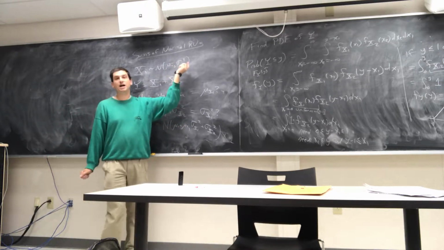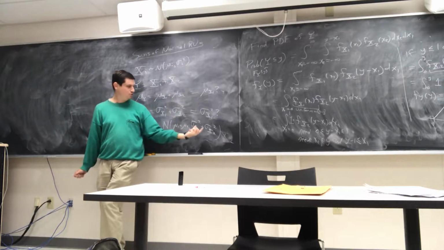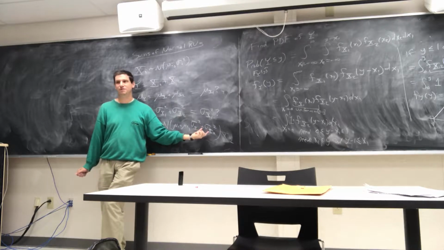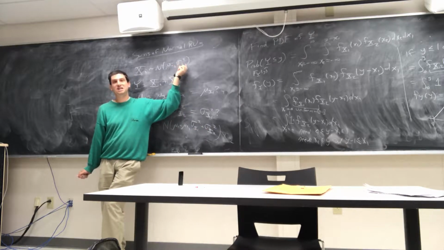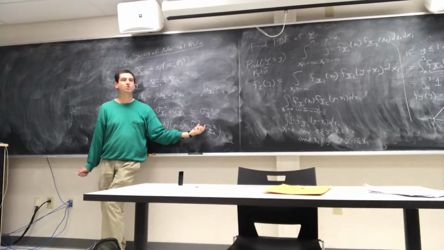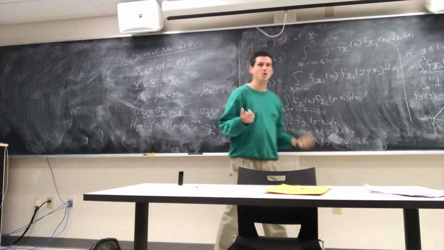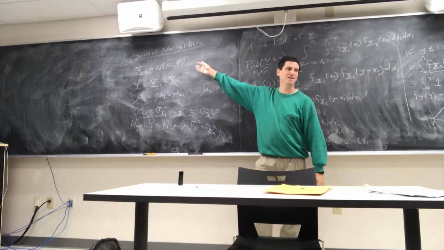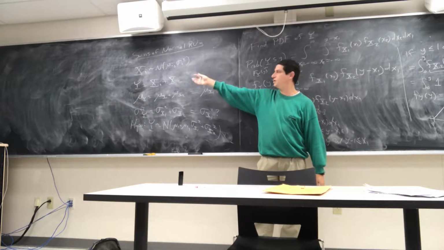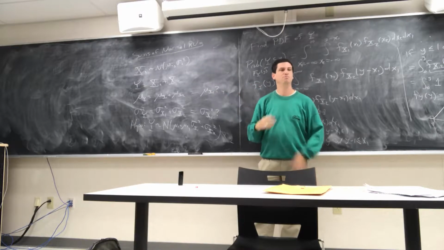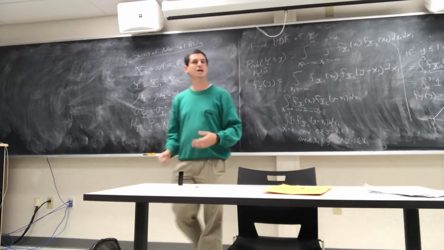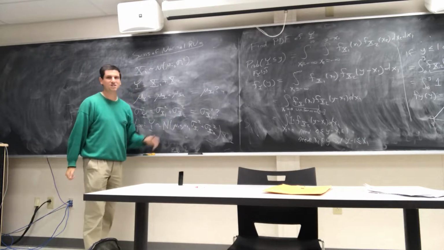Because if the second argument is the variance, when we add two normals together, we just have the sums of the variances. If this was the standard deviation, you would then have to put in square roots over here, and it would make things a lot nastier in terms of writing. This is at least my belief as to why we have chosen to denote the normal distribution with parameters mu and sigma squared rather than parameters mu and sigma. This is the point where it now starts to make things nicer.